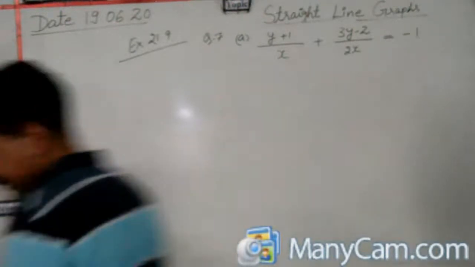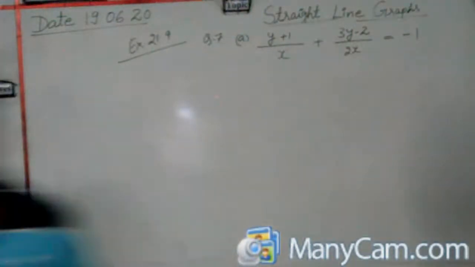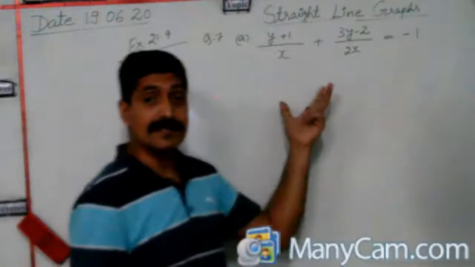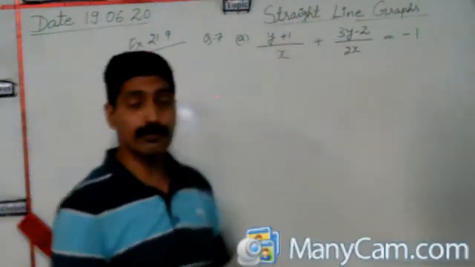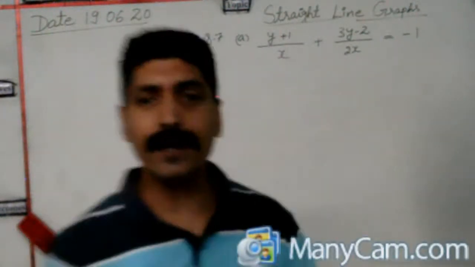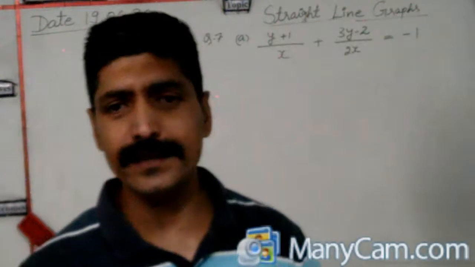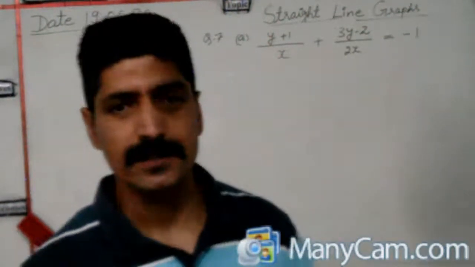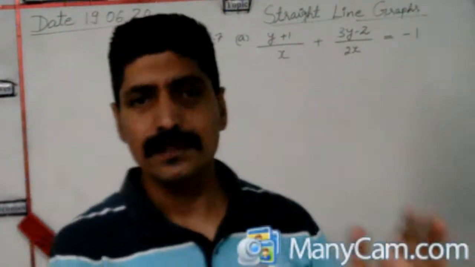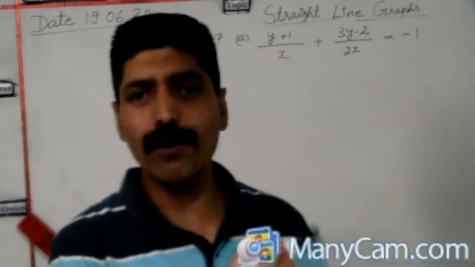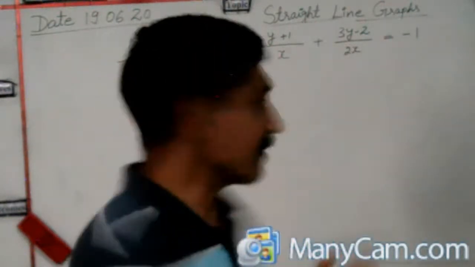In the beginning, in all 7 questions, we have to find the gradient of the line and the y-intercept. So we will arrange the equation in the slope-intercept form.